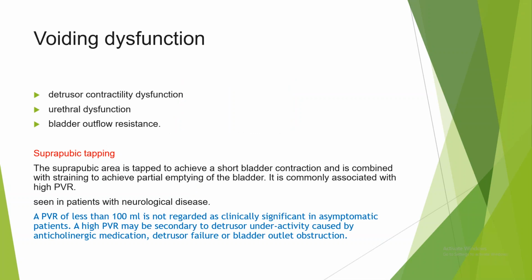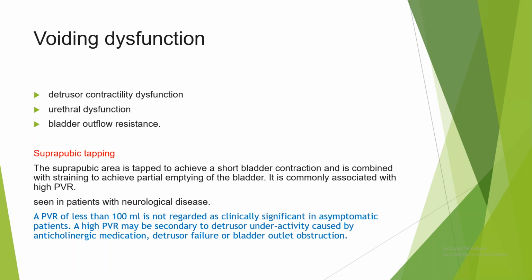What I have told you till now in all graphs is voiding dysfunction. It is either due to detrusor contractility dysfunction, or urethral dysfunction like stricture or hypermobility, or because of outflow obstruction. This is just for whatever they have mentioned in the POG talk. One is suprapubic tapping.